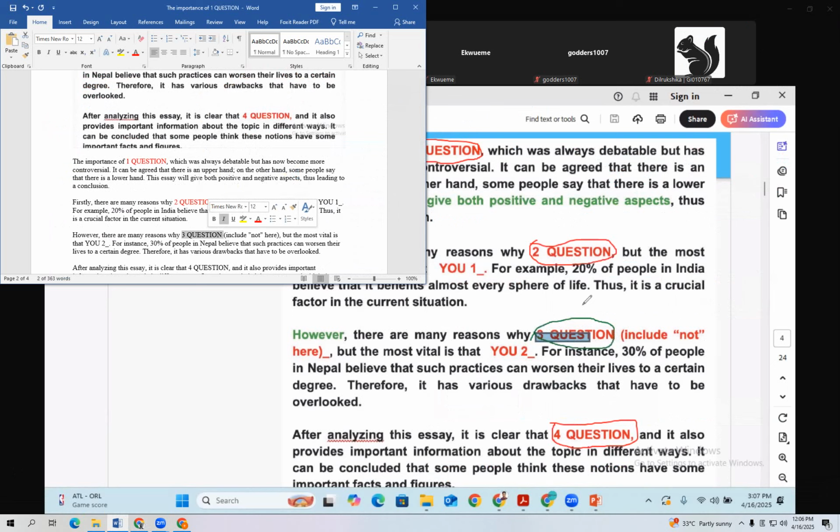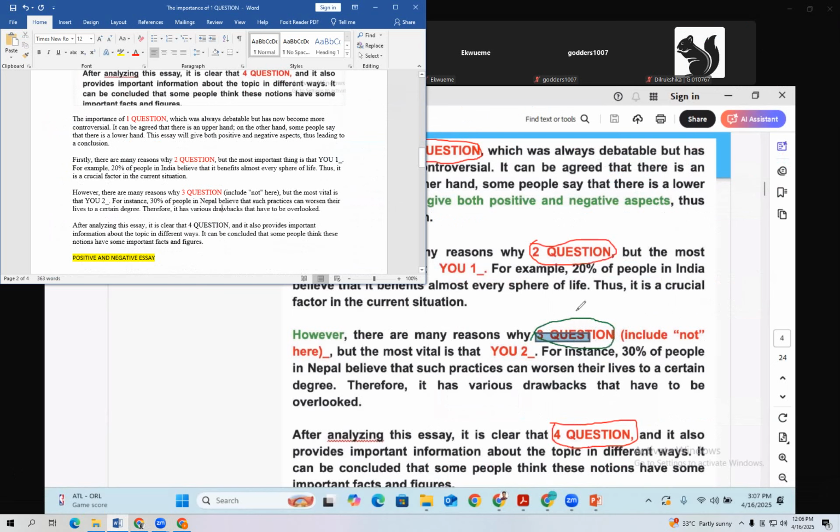So here we will write public transportation should not be free for all. Got it? So this is how you have to write the question part in a positive and negative essay.